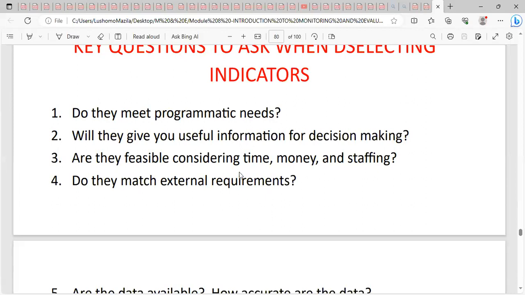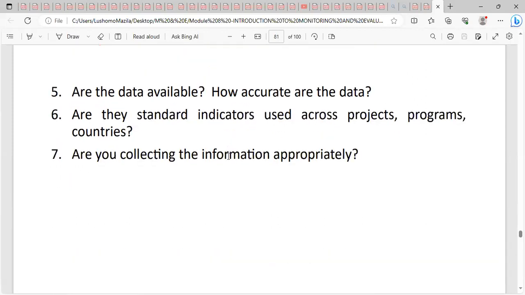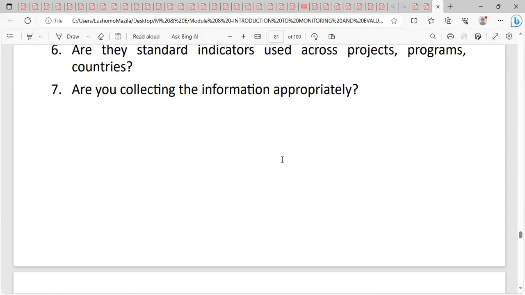Are they feasible considering time, money, and staffing? Do they match internal requirements? Are the data available? How accurate are the data? Are they standard indicators used across projects, programs, and countries? Are you collecting information appropriately? All those are questions you need to ask yourself.